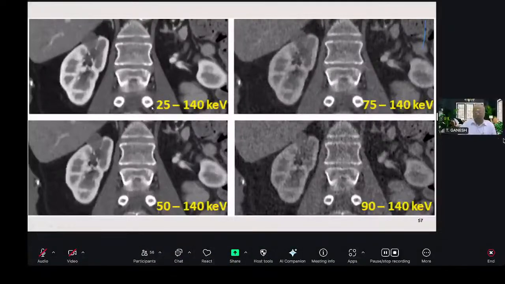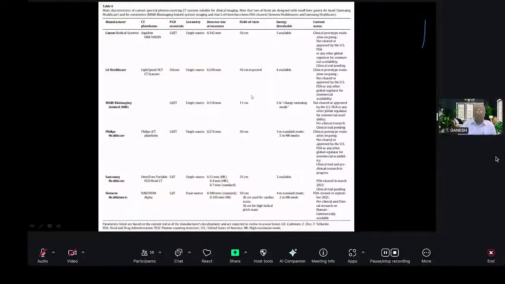We had seen similar pictures. And finally, these are the different manufacturers: Canon, GE Healthcare, Philips, Mars, Samsung, and Siemens. All of them employ different kinds of detectors, except GE, which uses silicon.